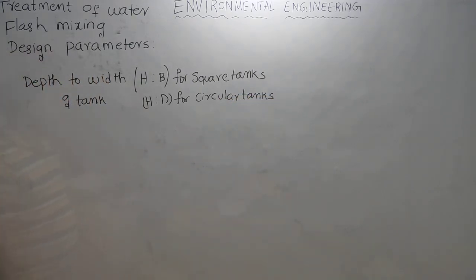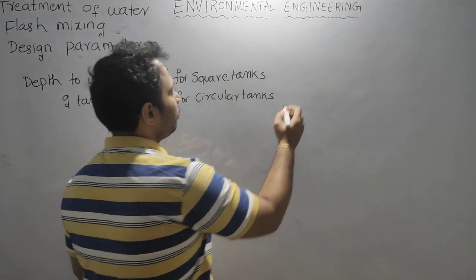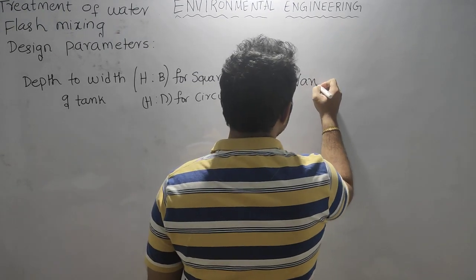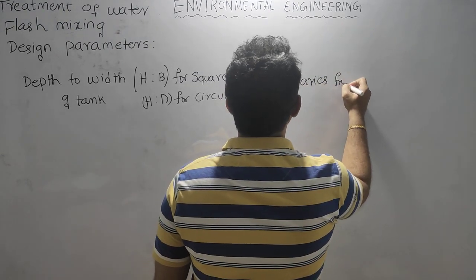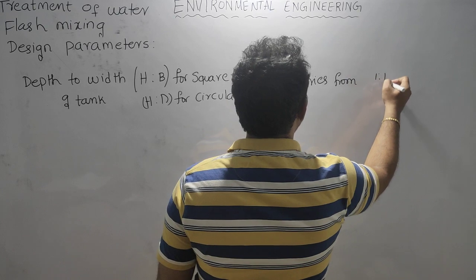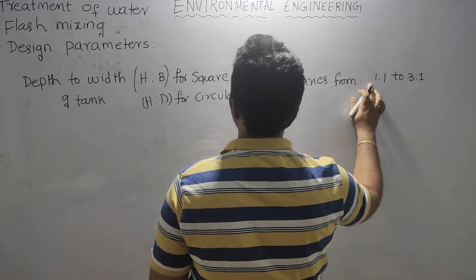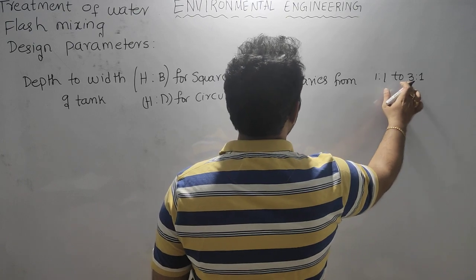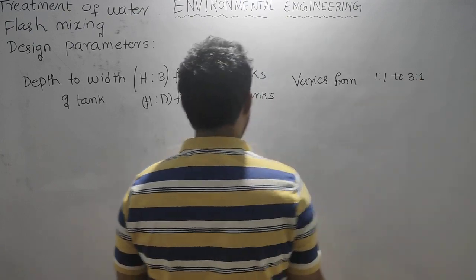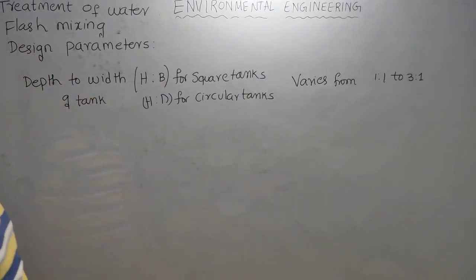It varies from 1:1 to 3:1. So this is height to width or diameter. This is the depth to width ratio.